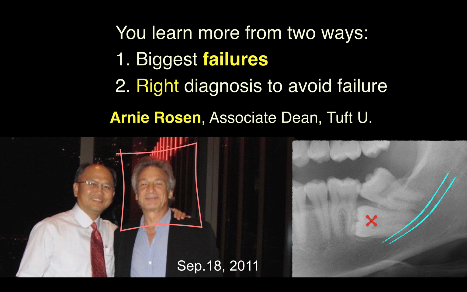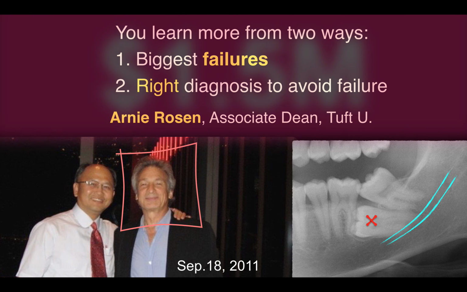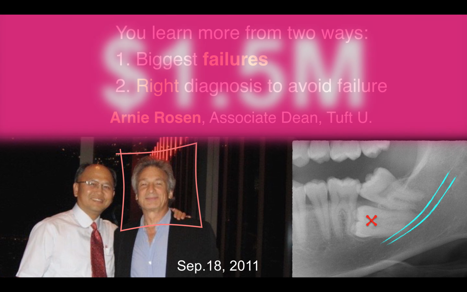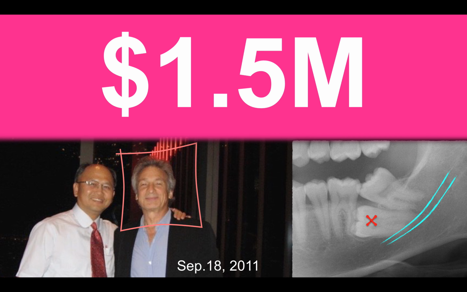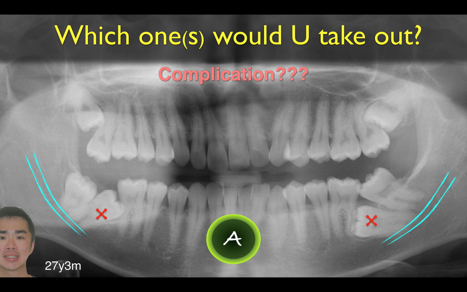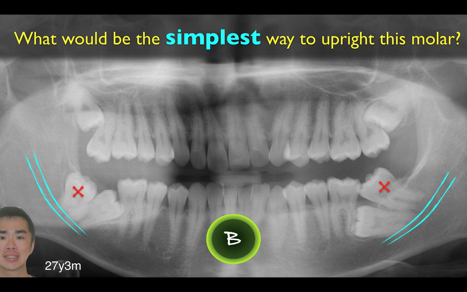My friend told me a story, somebody took out the second molar and tore the nerve. The patient couldn't kiss, so they sued the doctor and he lost $1.5 million. That's a lot of money. So in order to avoid that catastrophic complication, we're not going to take out the second molar. Instead, we take out the third molar.